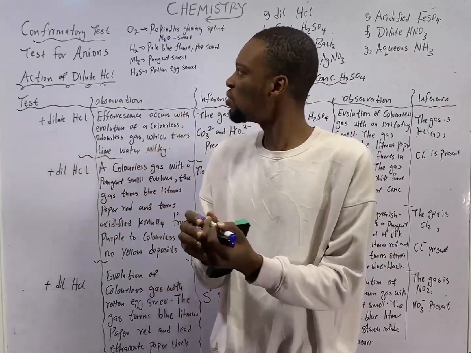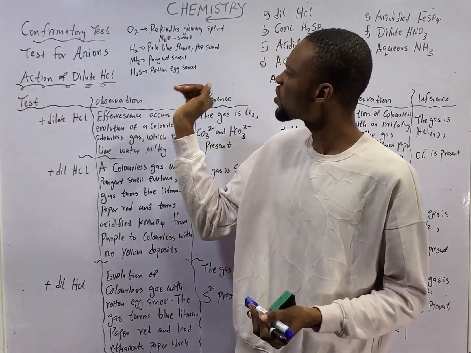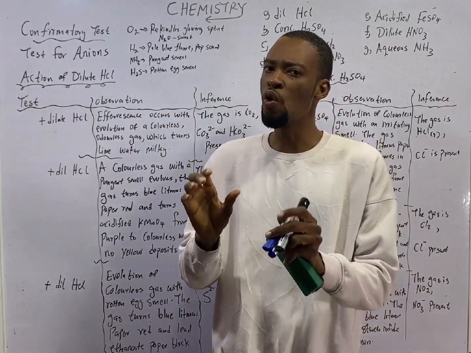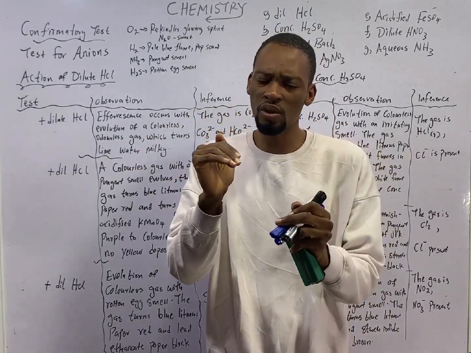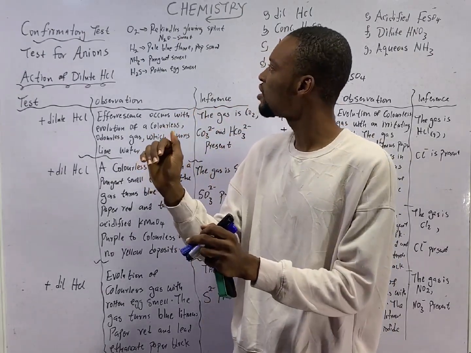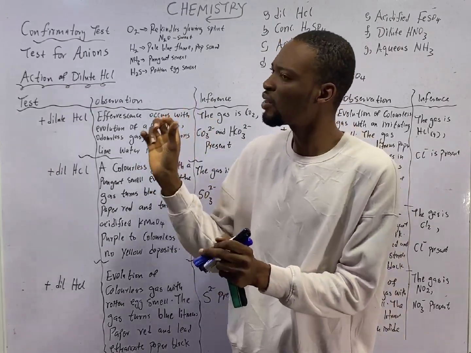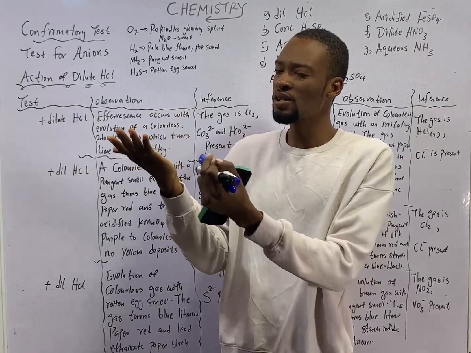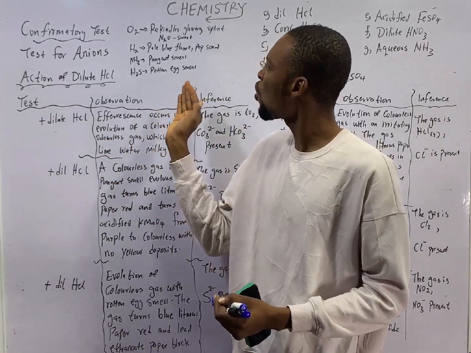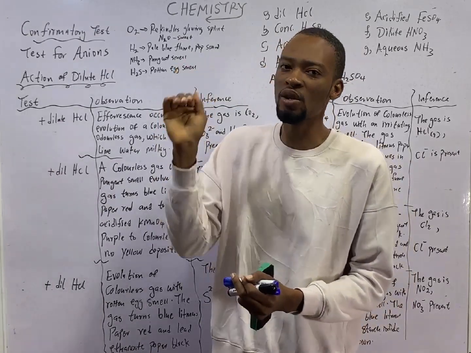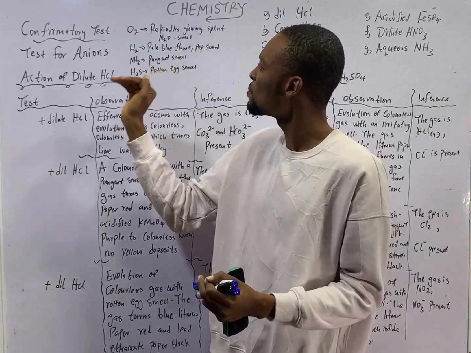Now, when it comes to the test for gases, the test for oxygen and H2O is that they rekindle a glowing splint. But the difference is that while oxygen can rekindle a brightly glowing splint and even a splint that is dimming, H2O can only rekindle a brightly glowing splint and it has a sweet smell.